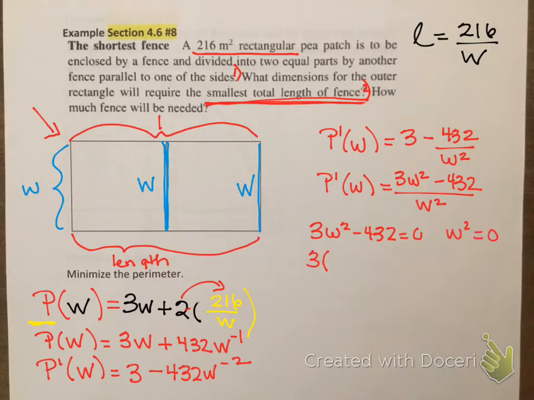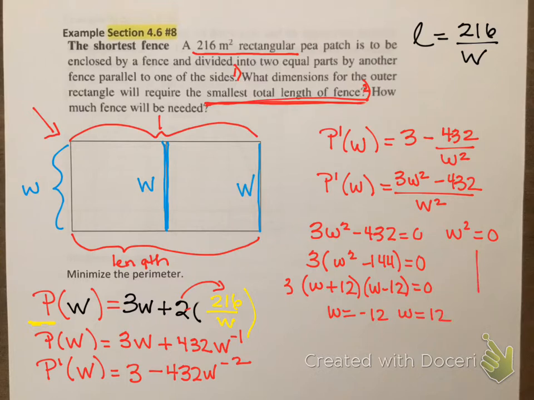Let's factor out a 3 here. I'll get W squared minus 144. So 3 times W plus 12 times W minus 12 equals 0. So W would equal negative 12, W would equal 12, and W would equal 0.